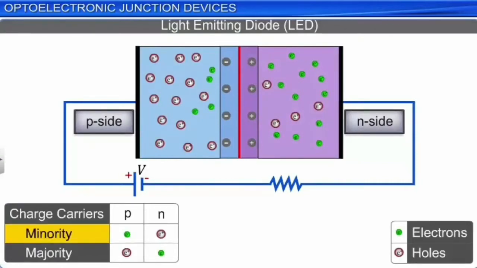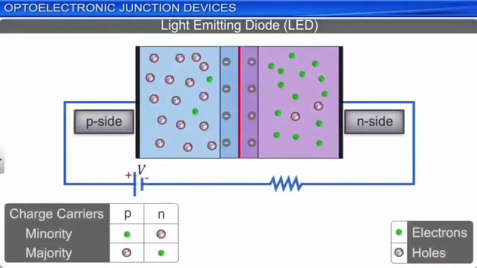In that process, an amount of energy will be liberated. This process is taking place in all the PN junction diodes. But that energy liberated may not belong to visible light. In that way, we cannot see that particular light emitted by the PN junction diode.